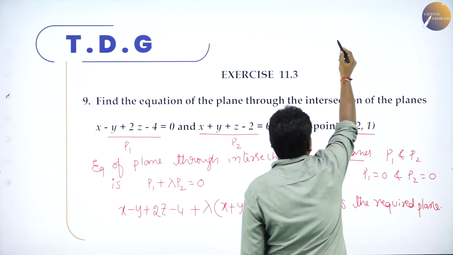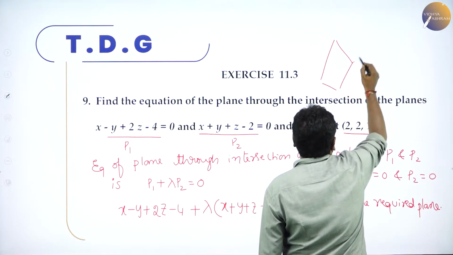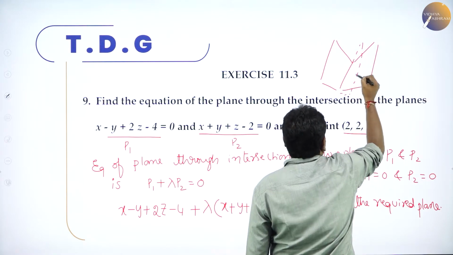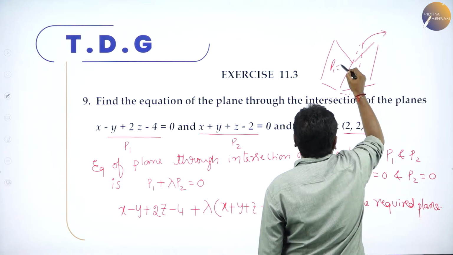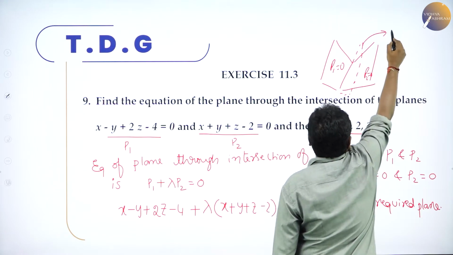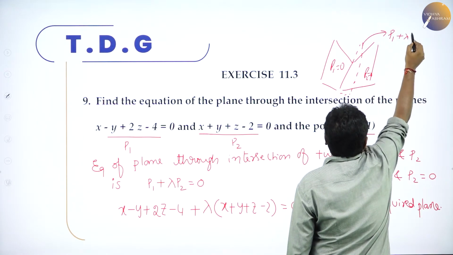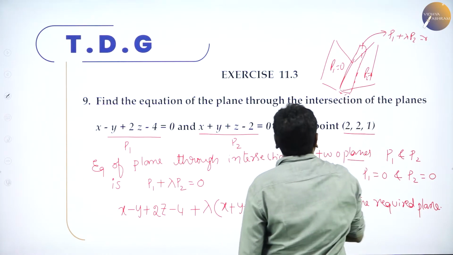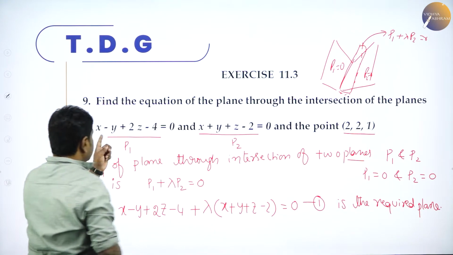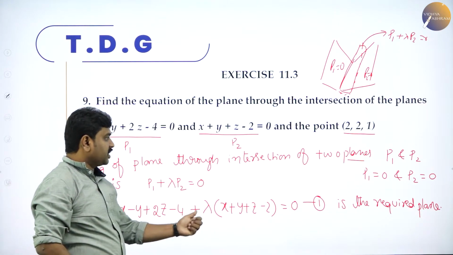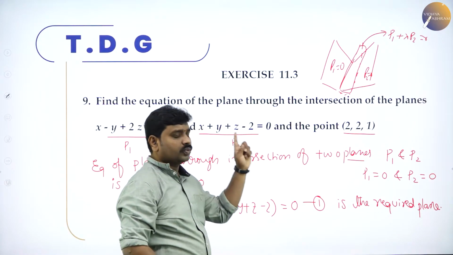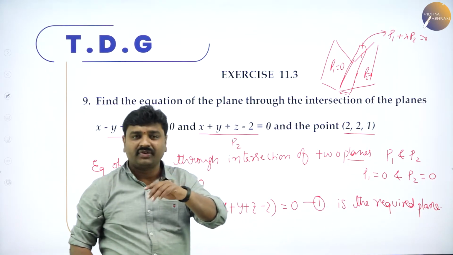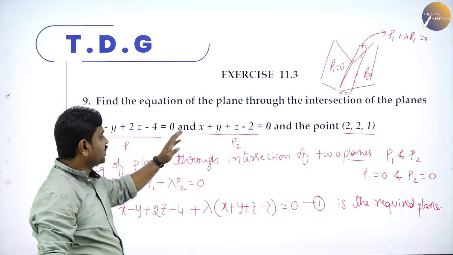Suppose this is one plane and this is another plane; then P1 plus lambda P2 equal to 0 is a plane through the intersection of both planes. So P1 is x minus y plus 2z minus 4 plus lambda times P2, where P2 is x plus y plus z minus 2. Dear student, first write the planes in P1 equal to 0 and P2 equal to 0 form if they are not given in standard form. But here both planes are given in standard form.